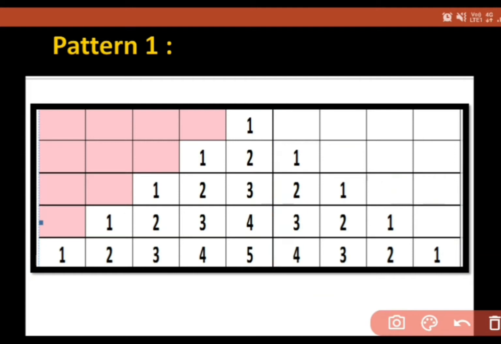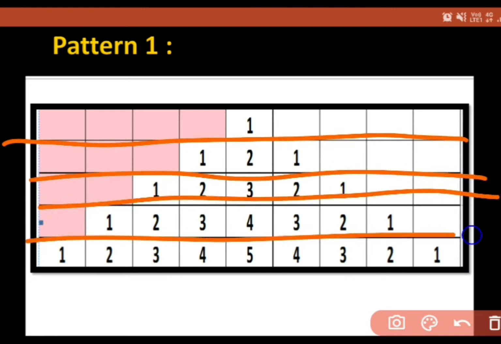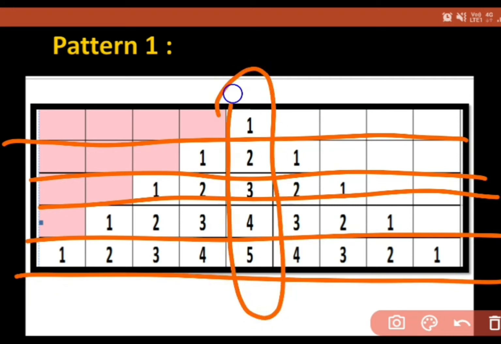Now every pattern has some rows and some columns. You have to think about it. Rows and columns. In this way we are having our rows. See, we have 5 rows, and the counting is 1 2 3 4 5. I am picking my I from here only.